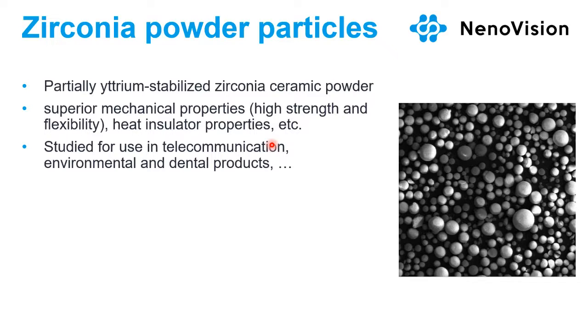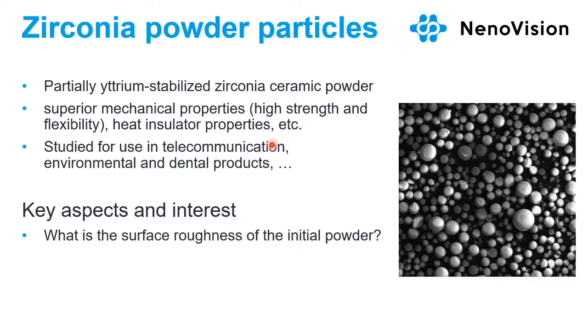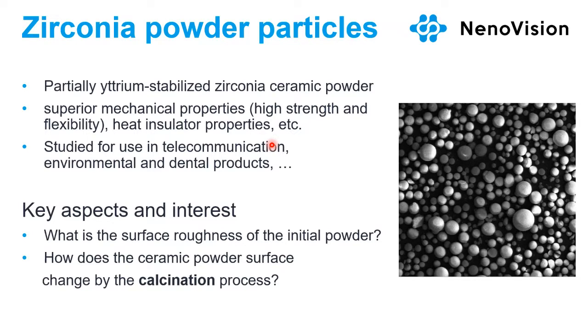And they could be used in telecommunication, environmental, or dental products. What we're going to focus on today is the roughness of the initial powder, and the roughness after the calcination process. So what the calcination actually does to the surface of the powder particles.